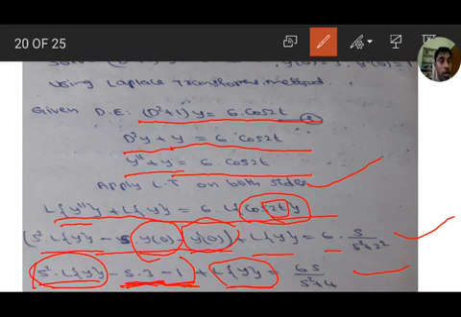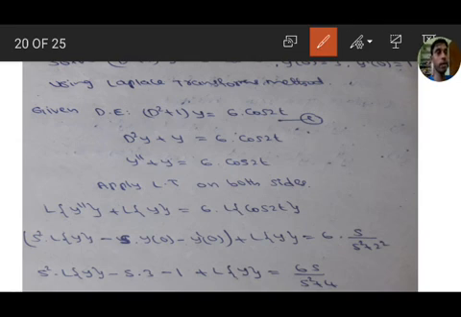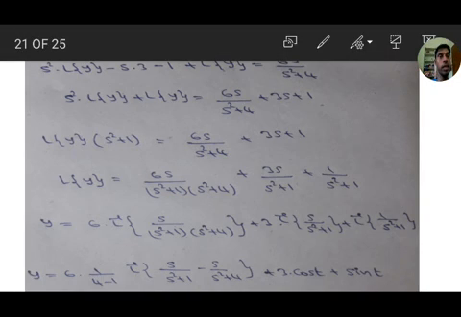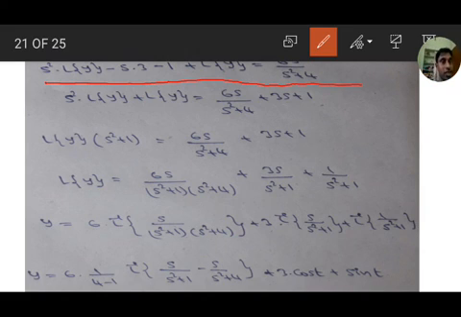L of y terms on the LHS, the remaining terms go to the RHS. That is s square L of y minus 3s minus 1 plus L of y equal to 6s by s square plus 4. So s square L of y plus L of y remains, and 3s plus 1 goes to the RHS.